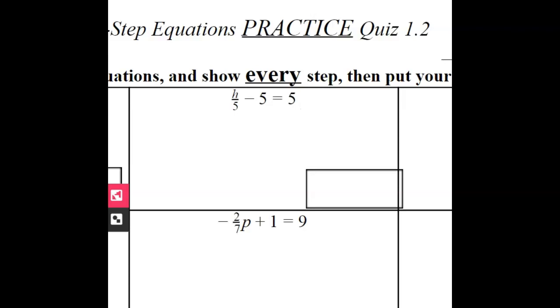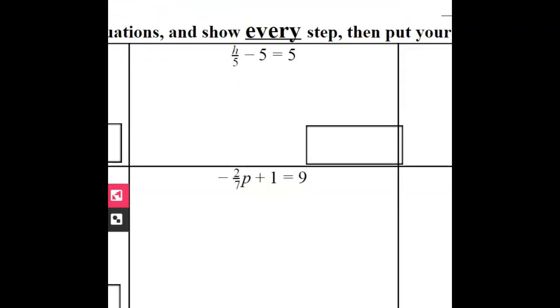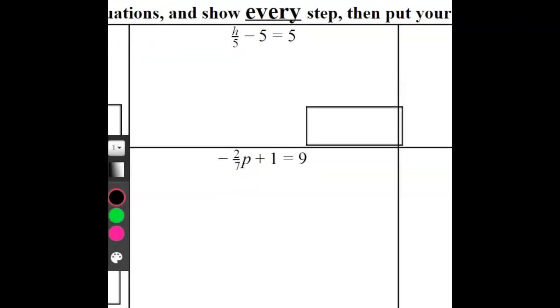And move up to the next one. So in order to take care of this one, same thing, we're going to subtract 1 for starters. After I subtract 1, that leaves me with negative 2/7 p equals 8.